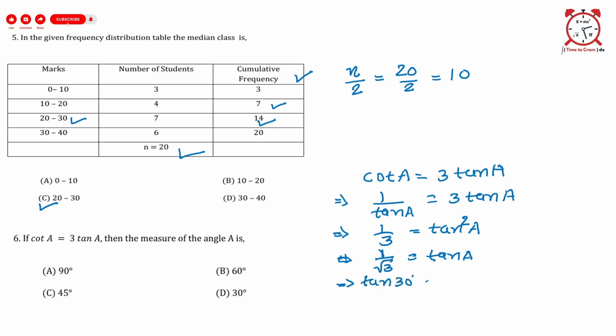So tan 30 equal to tan A. So here tan, tan cut, and our value A equal to 30. So our answer is here D, 30.